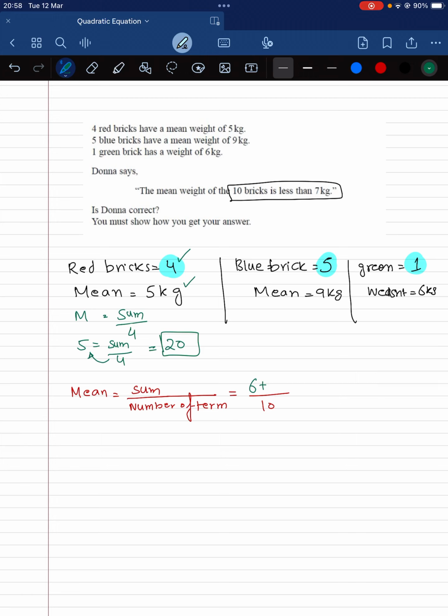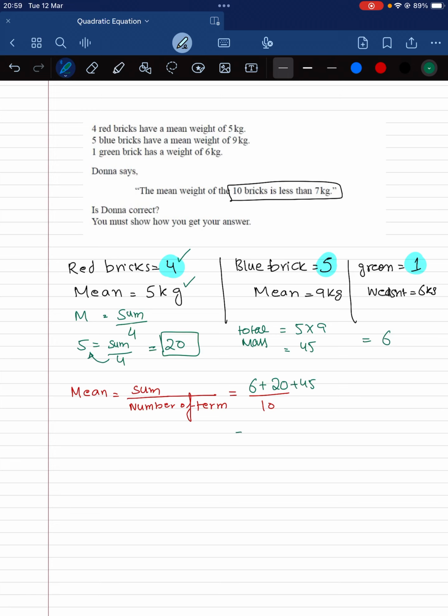In the same way, the total mass of blue bricks will be 5 times 9. It will be the same formula, so it will be 45. And the green we already know is 6, so it's 6 plus 20. Now the total mass of the 10 bricks will be 6 plus 20 plus 45.